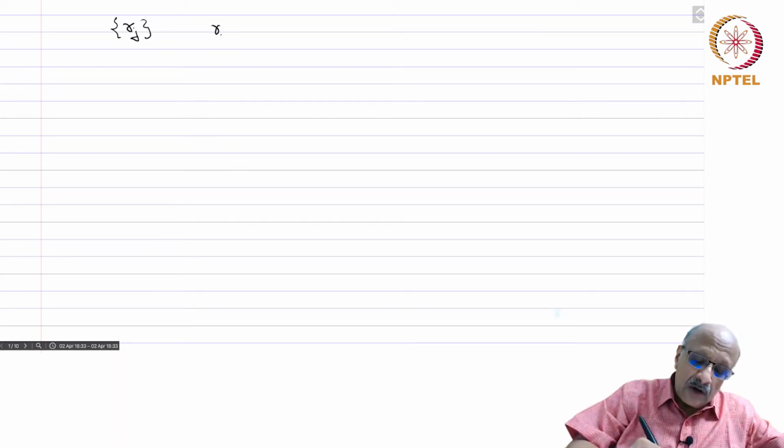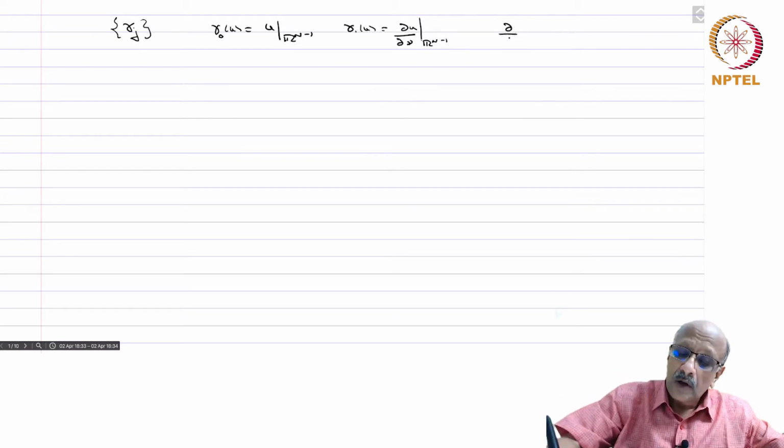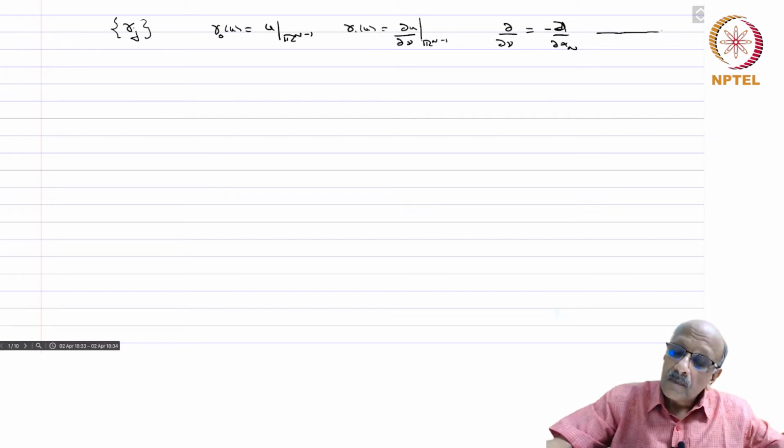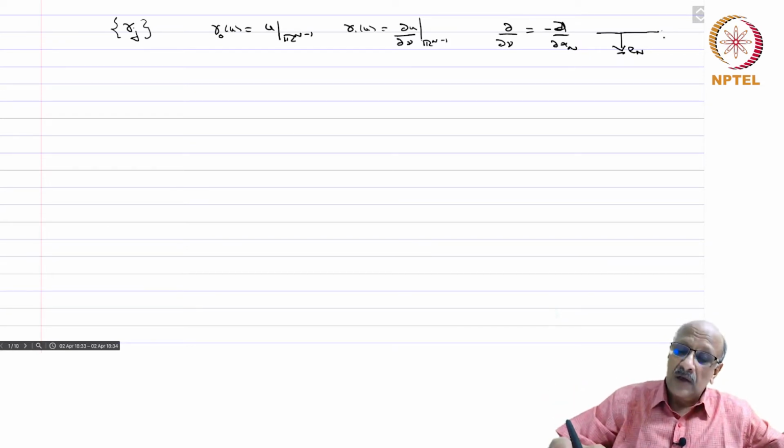Gamma naught of u is nothing but u restricted to R^(n-1), and gamma 1 of u is nothing but du/d nu, the exterior normal derivative, restricted to R^(n-1). D/d nu in this case is minus d/dx_n, because minus e_n is the unit outer normal.